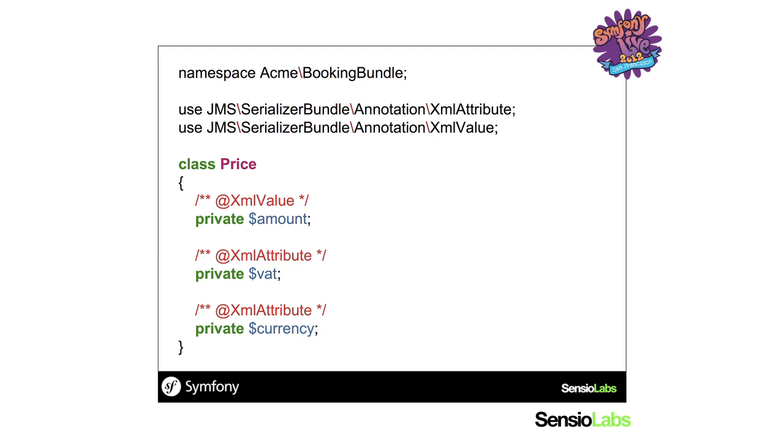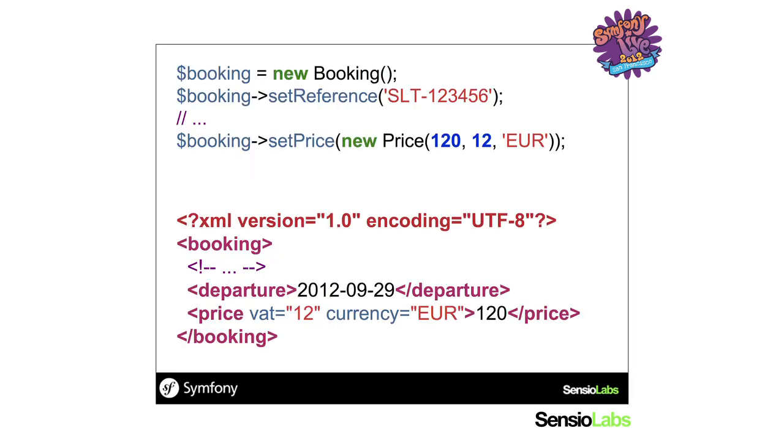So I'm using the @XmlAttribute annotation to convert the VAT and the currency information to attributes, and the amount will be the value of my price node. So when I convert my booking object, it will also convert my price sub-object as an XML definition, and the price node will be a single price node, with the VAT as an attribute and the currency as an attribute.